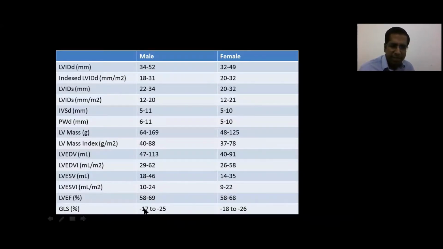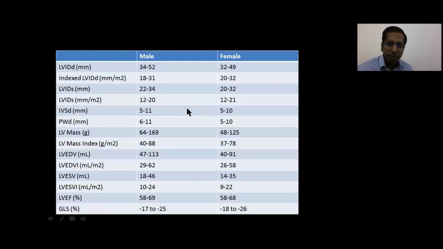For GLS, the lower limit is minus 17 or minus 18. So this is just a table that I compiled based on the WAY study, which came towards the end of last year. As you can see, again, for the interventricular septum the lower limit is 5, and for the posterior wall the lower limit is 6. So these may all have a bearing on how we interpret our measurements.